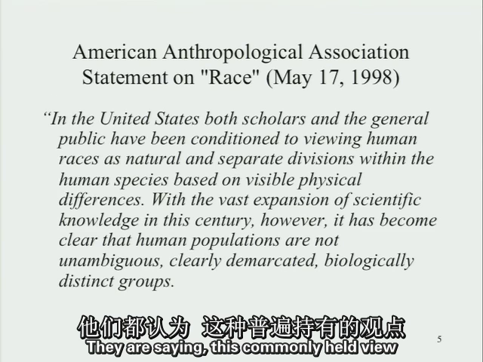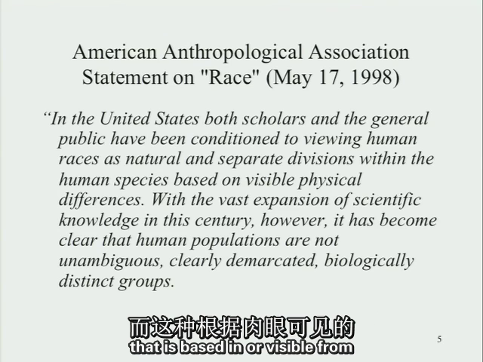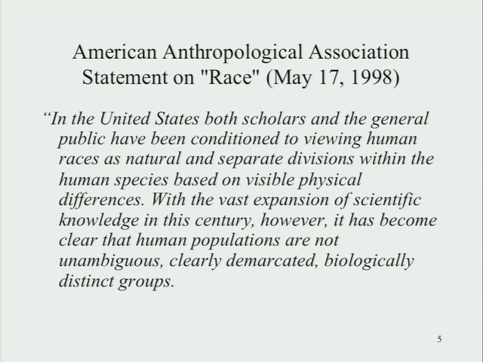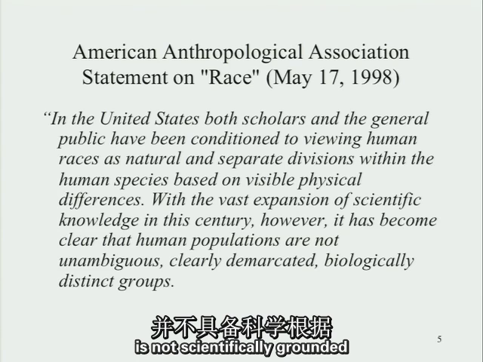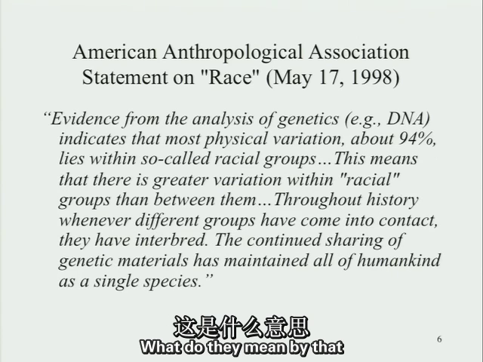And they're saying this commonly held view that race is a biological trait of human populations that is based in or visible from physical appearances, physical differences, is not scientifically grounded. What do they mean by that?